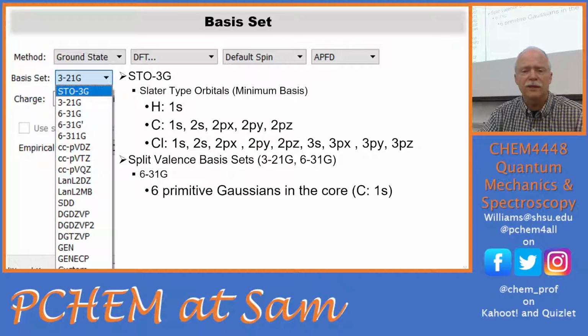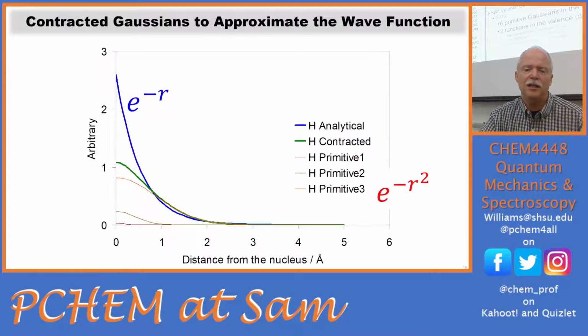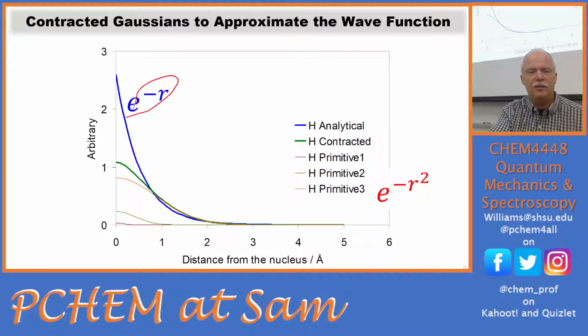Then we get into these different primitive Gaussians and so on. It gets pretty confusing. And so the reason this program is called Gaussian is because it's not using the hydrogenic orbital, the radial distribution function. So this was the analytical solution for hydrogen. Let me just write that.